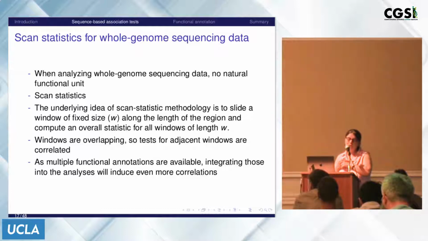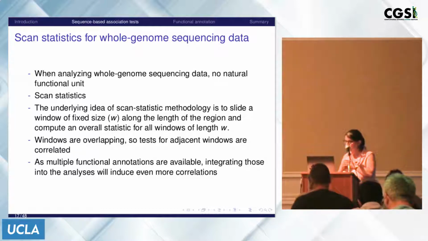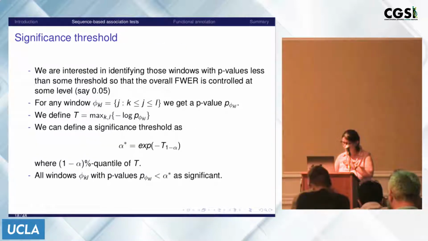So the challenge is that these windows are correlated. The test statistics for adjacent windows will also be correlated. Also, if you include multiple functional scores, that will induce additional correlation. So we need to account for this correlation in our analysis. We do this sliding window approach across the region, and we want to identify those windows with p-values less than a certain threshold.